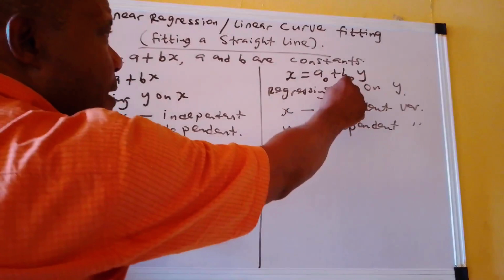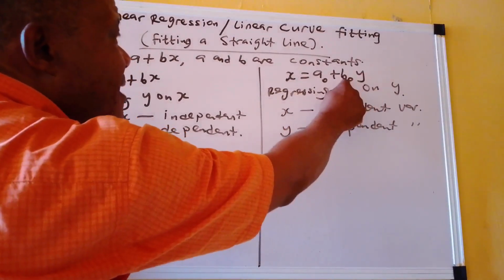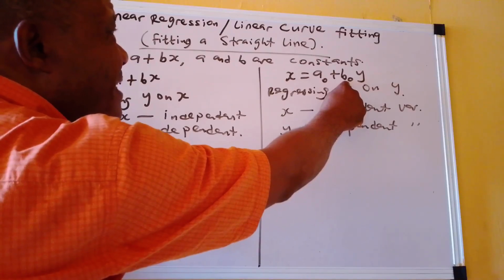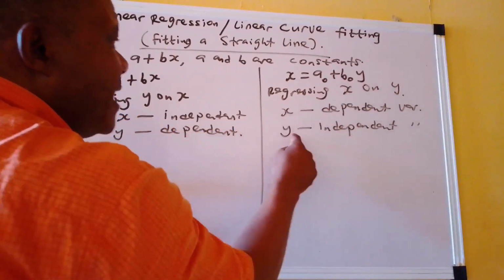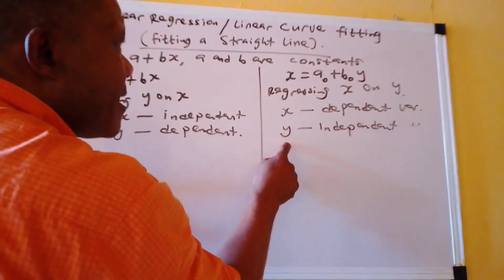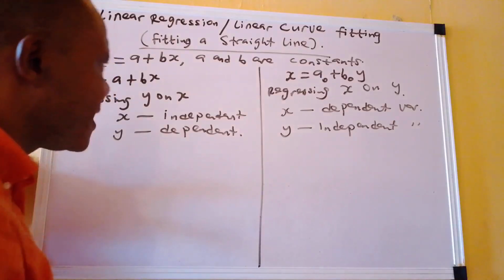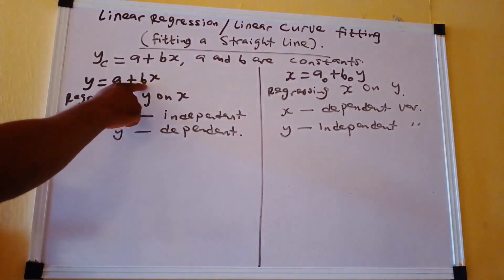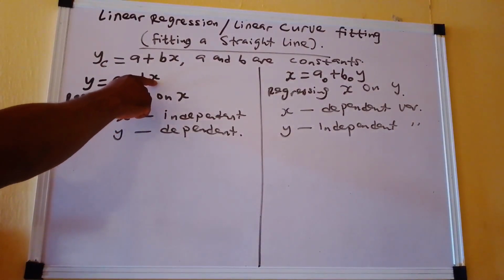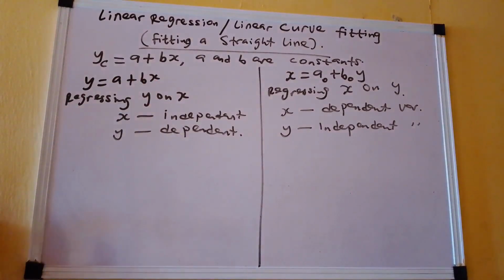So you can see the variable multiplying the slope is known as the independent variable. Here our independent variable is y, while our dependent variable is x, the one on the left hand side. The slope is what determines the nature of the straight line.